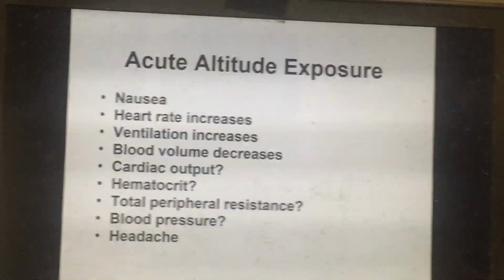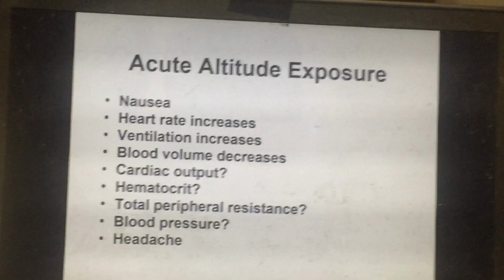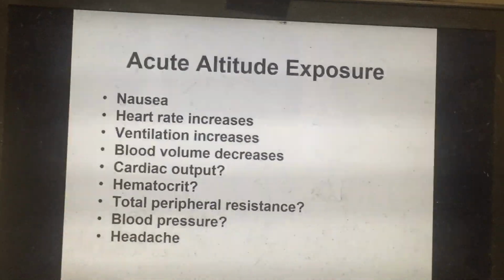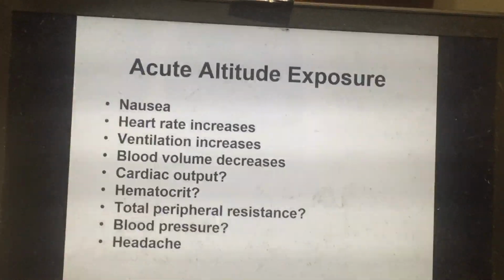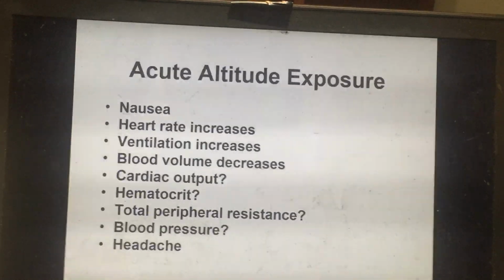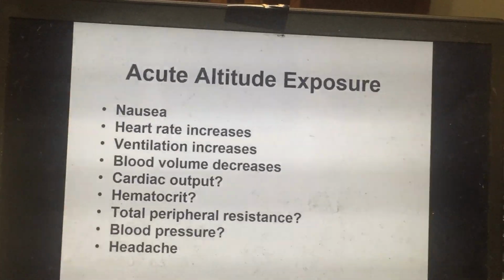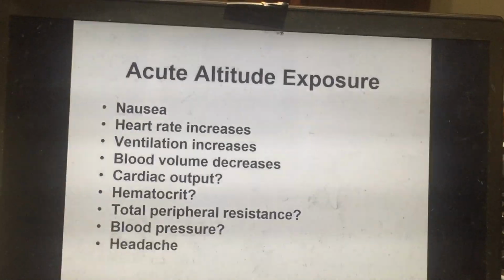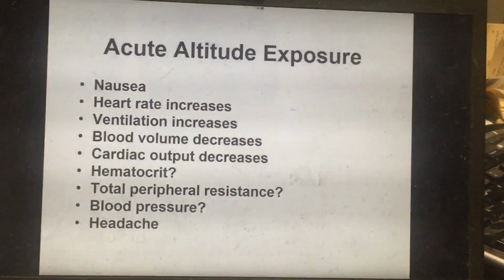The reason being that when you increase ventilation, you start to blow off more water vapor, and by blowing off more water vapor, you end up reducing the plasma portion of your blood. So your blood volume decreases. That would result in less blood going to your heart, so less of a venous return and a reduced cardiac output.